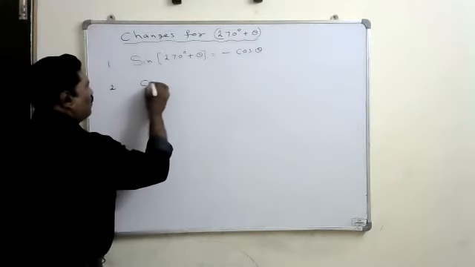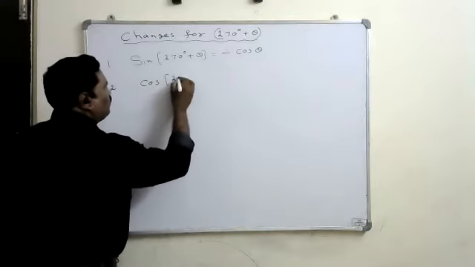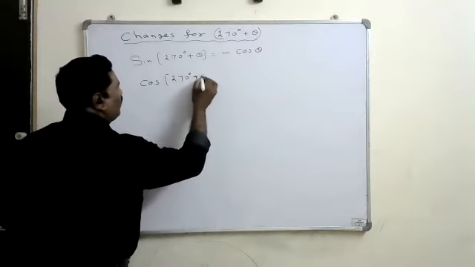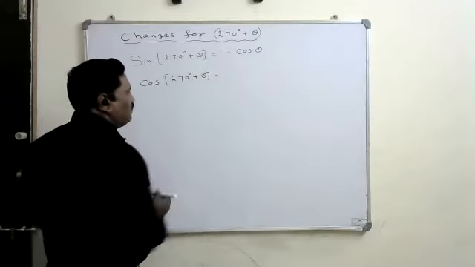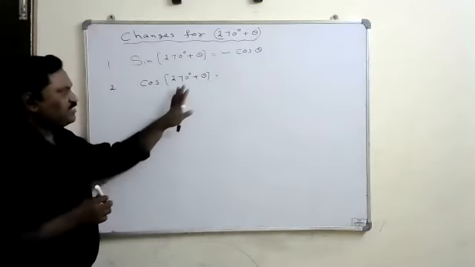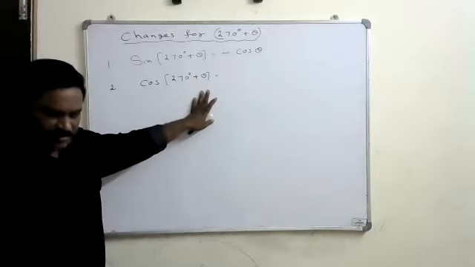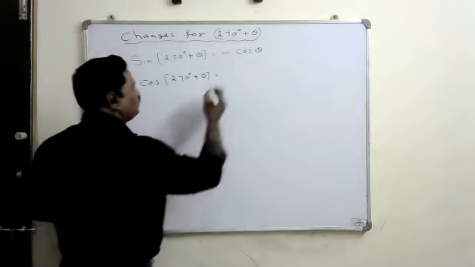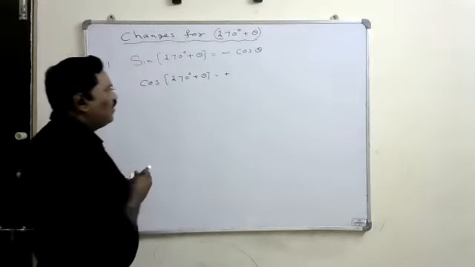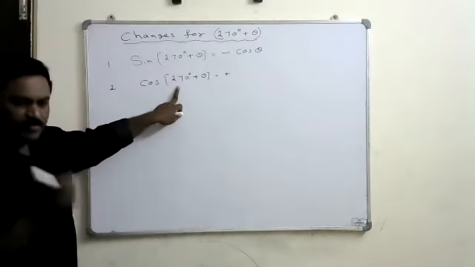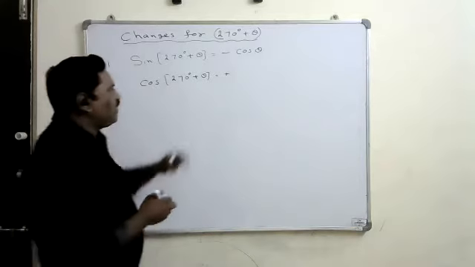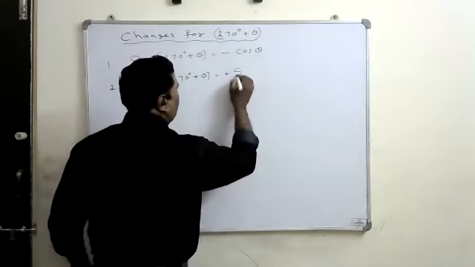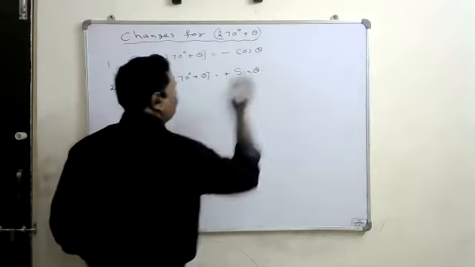Secondly, cos of 270 degree plus theta. Since 270 degree plus theta lies in the fourth quadrant, cos is positive, so it will have the plus sign, and the quadrant angle is an odd multiple of 90, that means cos becomes sin. This value is plus sin theta.